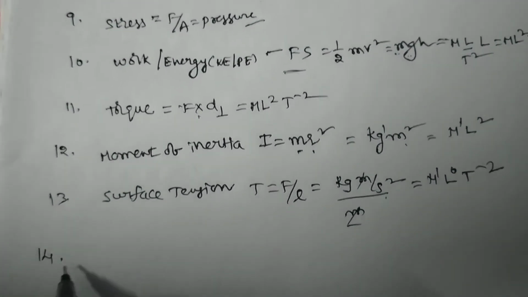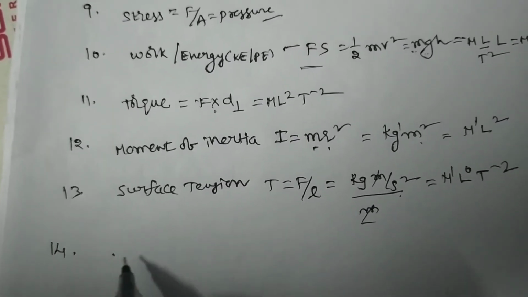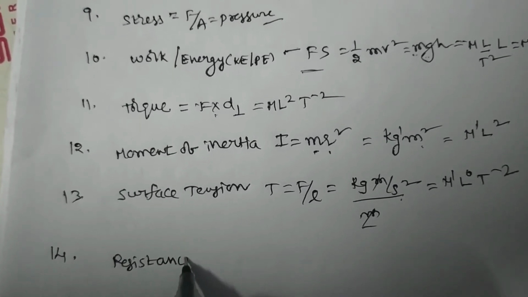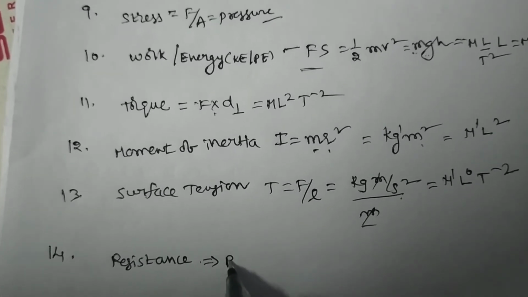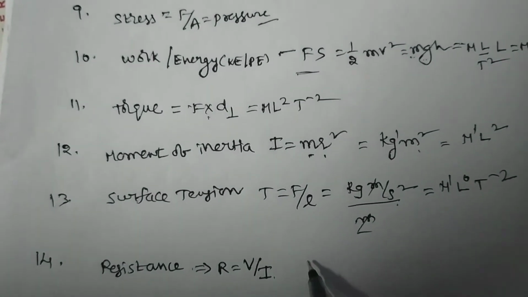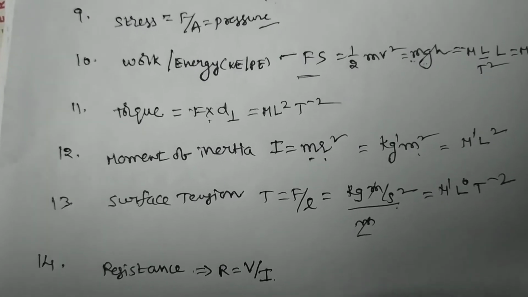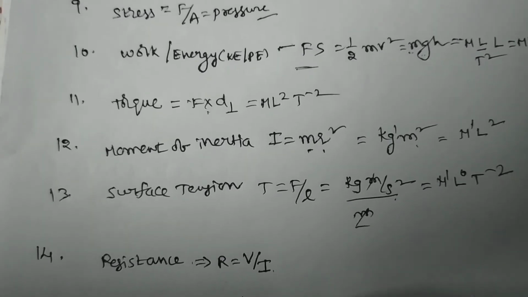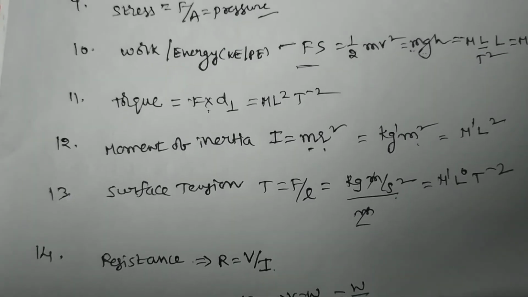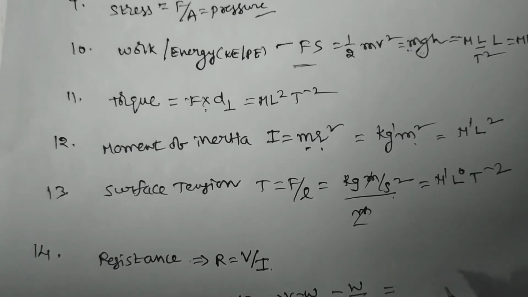Next, the 14th one is resistance. According to Ohm's law, resistance is equal to V by I. What is the voltage? W equal to VQ, so V equal to W by Q. Q is nothing but IT.